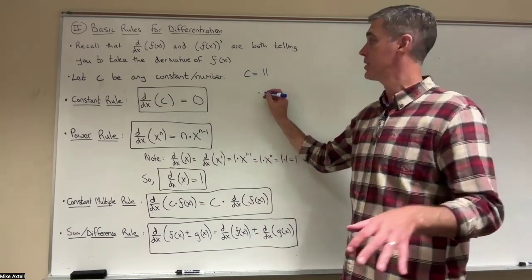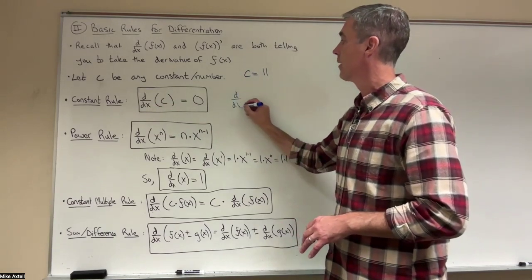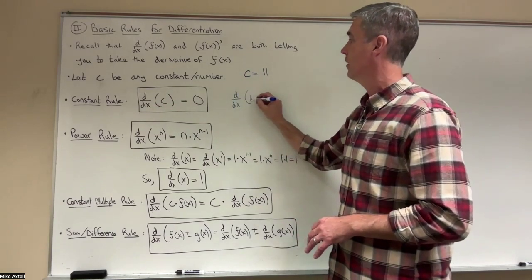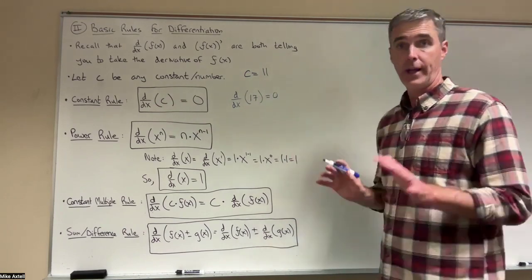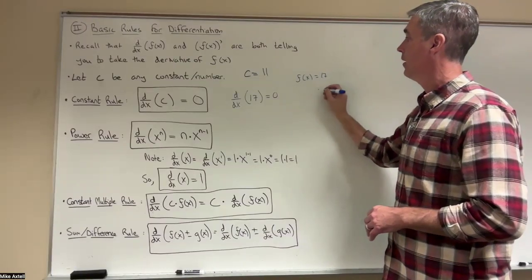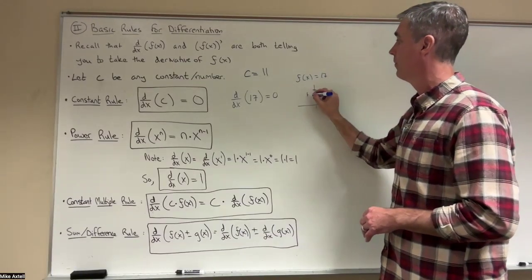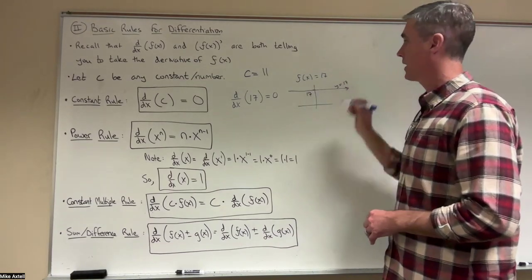This should make some sense. It's saying that the derivative of a constant like 17 is equal to 0. If I give you the function f of x equals 17, that is a horizontal line at height 17.